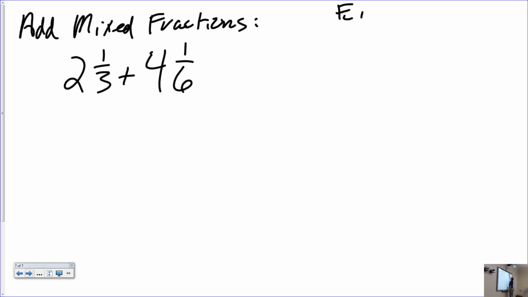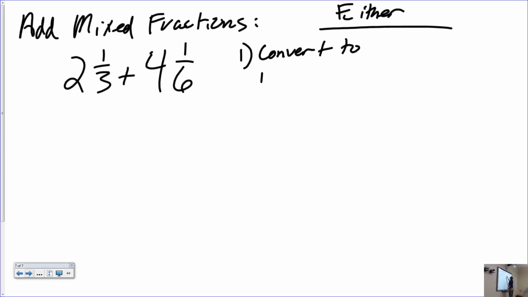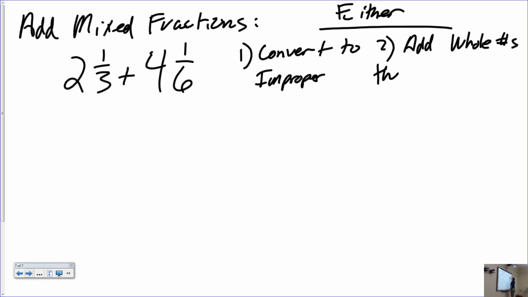So either convert to improper, or add whole numbers, then add fractions.